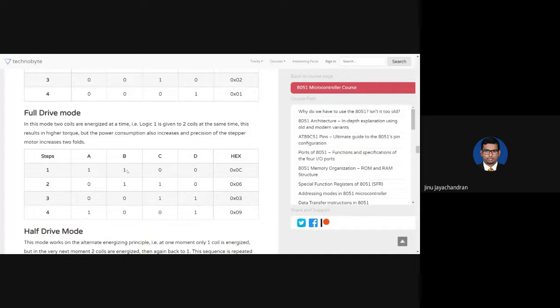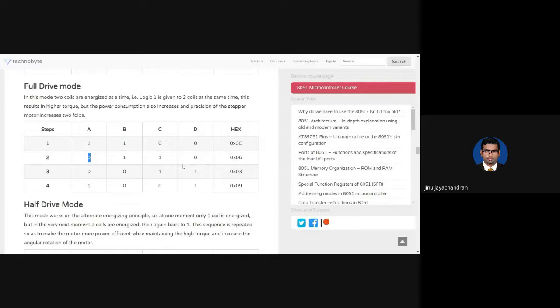So A and B are magnetized, and the rotor will be somewhere in between A and B. Then the other 2 are demagnetized. Then you change the position of magnetization: you make B and C magnetized and the other 2 demagnetized, and so on. Because 2 electromagnets are magnetized at the same time, the motor has more power and more torque.